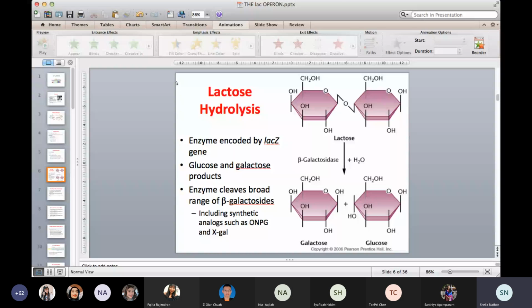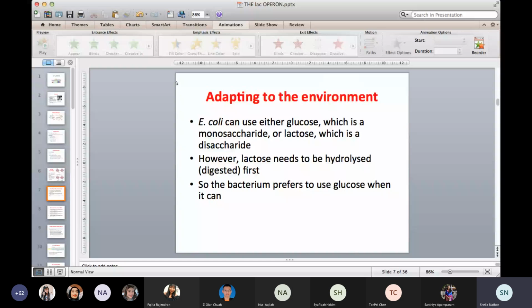So to recap what I've just said, E. coli or any bacteria can use either glucose, which is a monosaccharide, or lactose or any other complex sugar or disaccharide. However, if it's going to use the disaccharide, it needs to hydrolyze it first. Hydrolyze means to break it down.